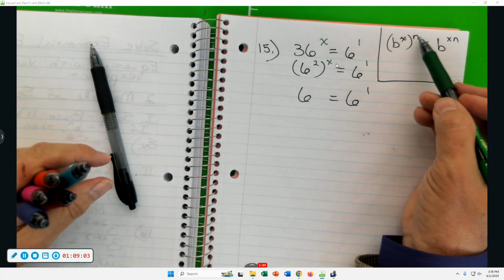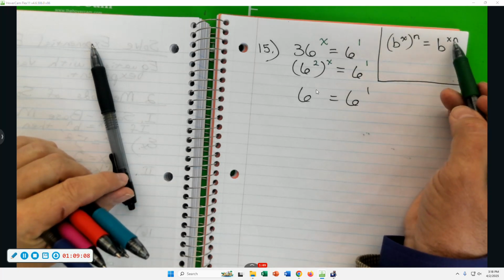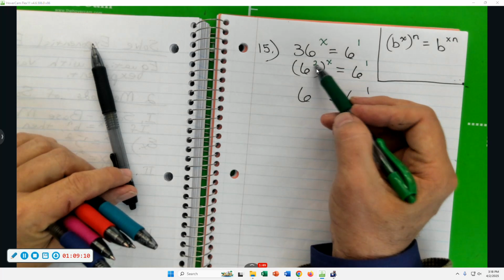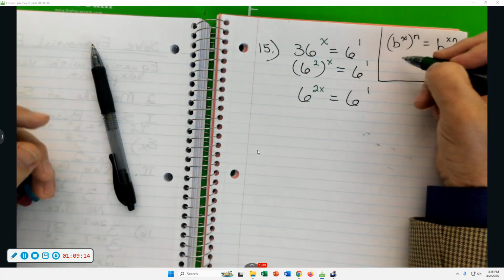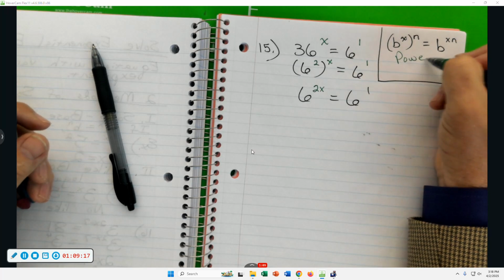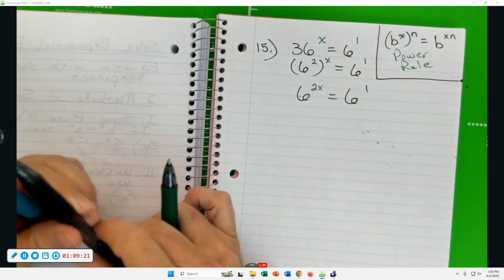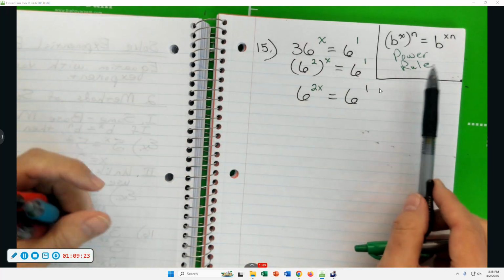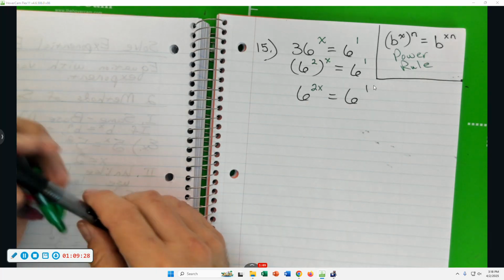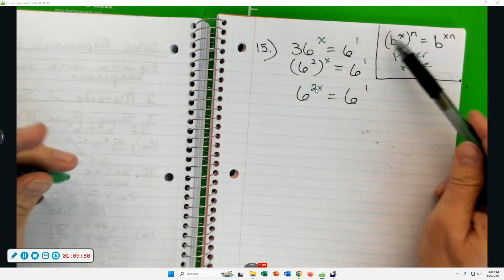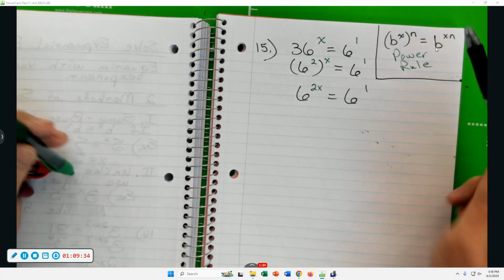A power raised to a power, we have to multiply 2 times x, gives me 2x. And this is called the power rule of exponents. There's even a power rule of logarithms, that's a restatement of this. It's one of the more bizarre properties of logarithms. But for us, a power raised to a power, you multiply to write as a single power.